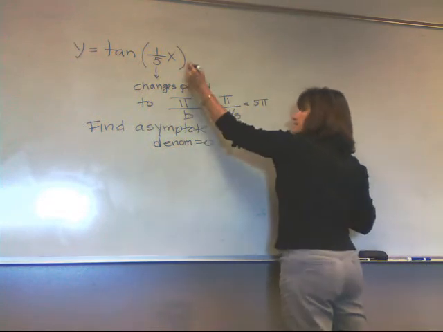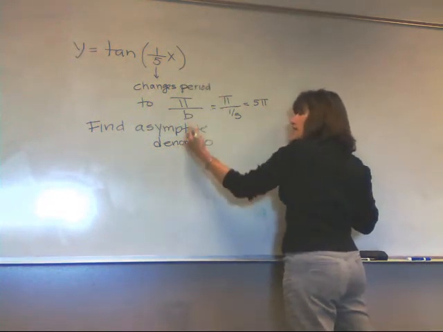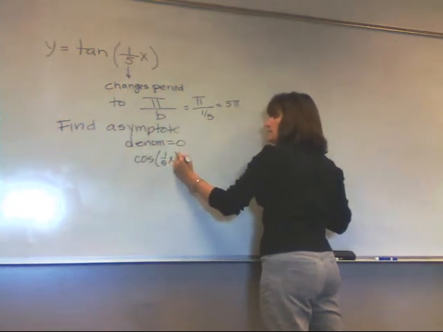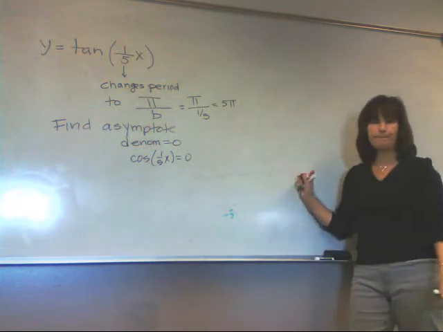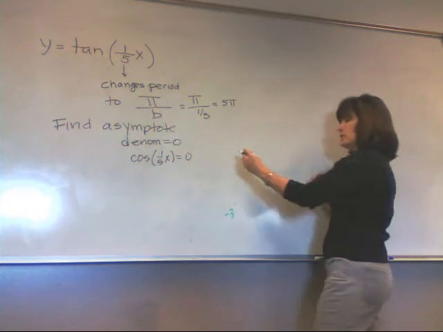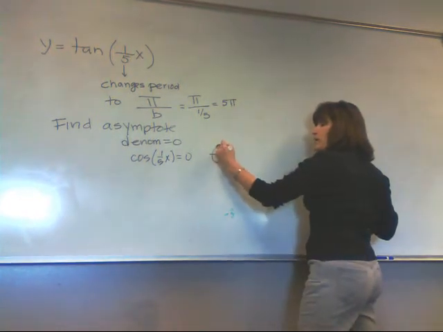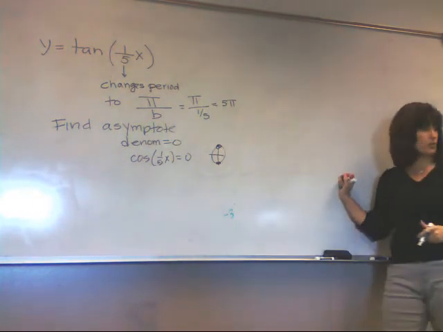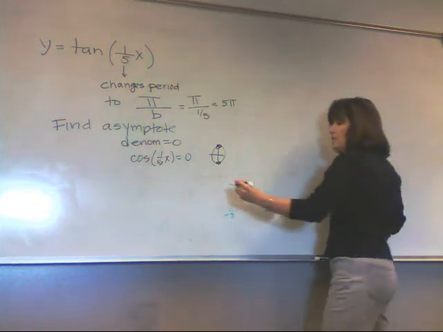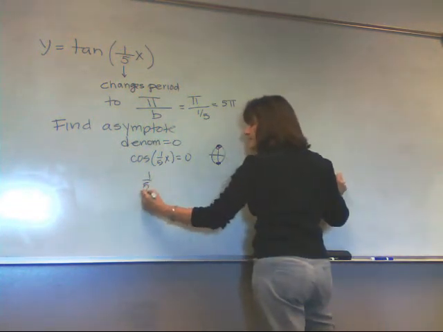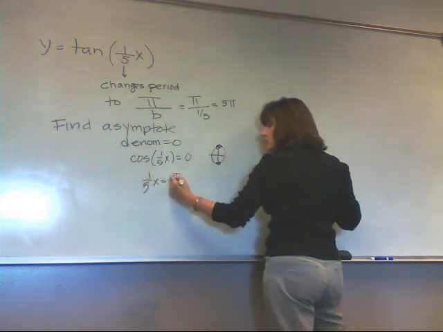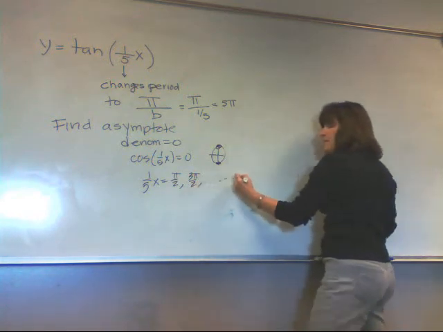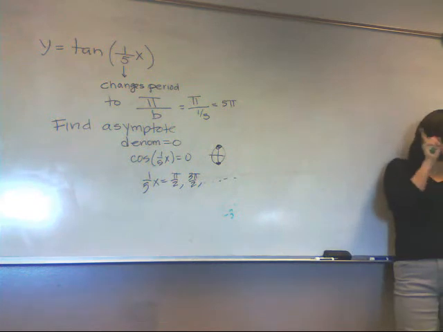Since tangent is sine over cosine, that will be when cosine of 1/5 x equals 0. Cosine is 0 when the whole argument is pi over 2 and 3 pi over 2. So that would be when 1/5 x equals pi over 2 and 3 pi over 2, and there are infinitely many answers. I'm claiming if you were to just find one of them, you'd be fine.